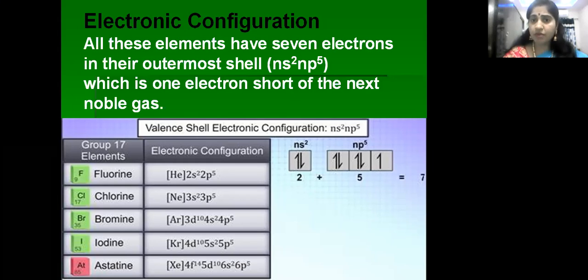So when compared with the noble gases, to get stability, it requires only 1 electron. So total how many electrons are present in the outer shell in these 17 group elements? 7 electrons, 2 electrons in s orbital and 5 electrons in p orbital. If they gain 1 electron, they will get noble gas configuration. So this is about the electronic configuration of 17 group elements, children.